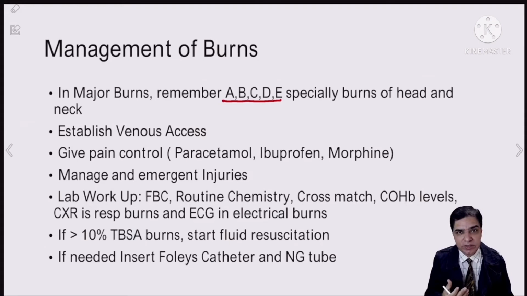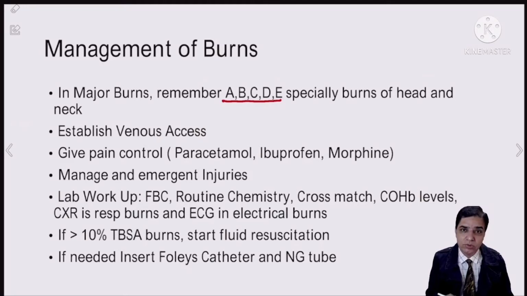So it's very important that these kids who have evidence of burns to the hair, to the facial area, to the neck area, or singed nasal hair, you call the anesthetist and they have to be intubated.